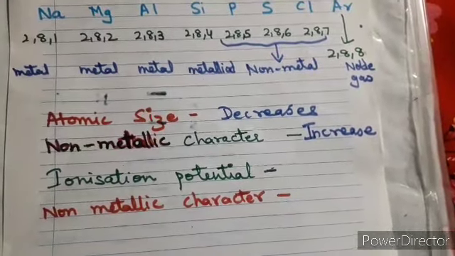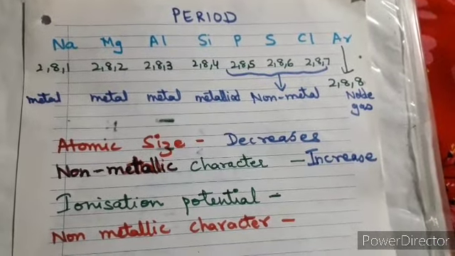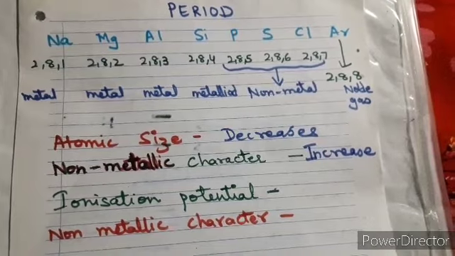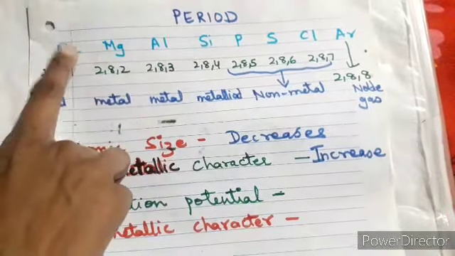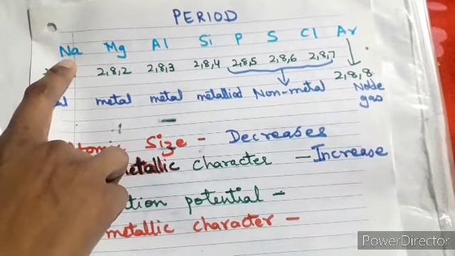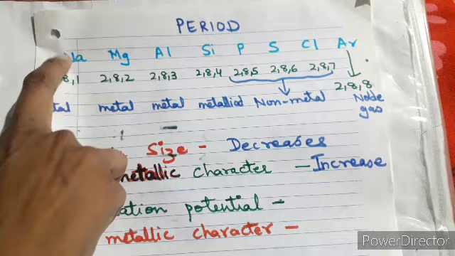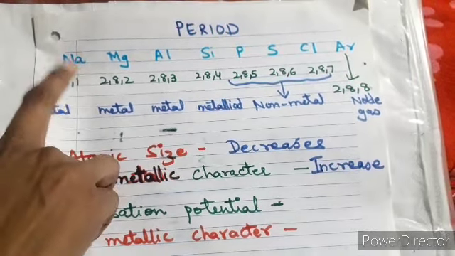Now let's focus on the ionization potential. What do you think about the ionization potential here? I have already mentioned earlier that metals have low ionization potential because they lose electrons, and it becomes very easy for them to lose electrons, so they require a very low amount of energy to remove the electron.